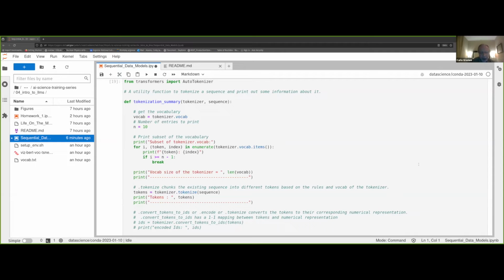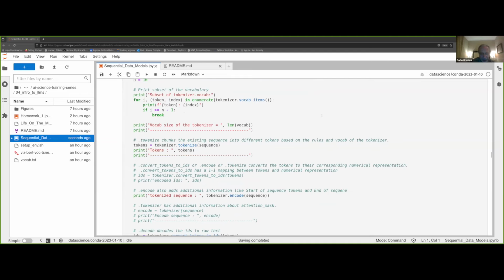This function takes a tokenizer and a sequence that you give it, and it prints some basic statistics. It'll print a subset of the vocabulary, the vocabulary size, and the tokens that it finds in the phrase that you give it, and similar things that we'll see in the example.